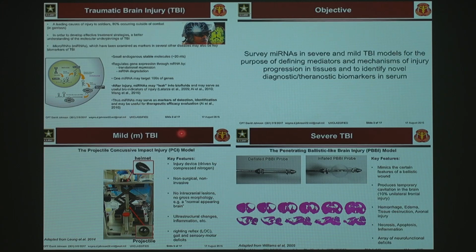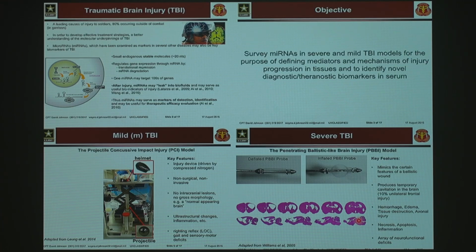The mild model simulates getting hit in the head with a helmet on. So you see the rodent has a helmet. We didn't notice any gross morphological differences in the brain for this mild model, but the severe model simulated getting shot in the head. And so there was a probe inserted and a balloon inflated.